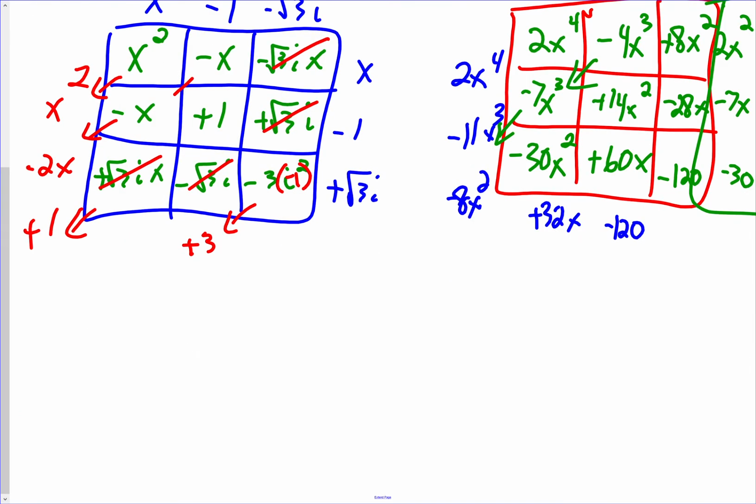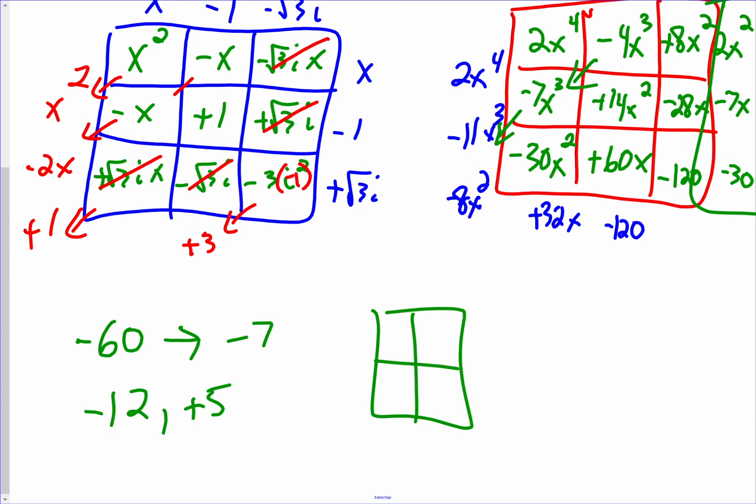Okay, so we're going to multiply negative 30 times 2 to get negative 60. And we're trying to figure out what are the factors of negative 60 that add up to be negative 7. And that's going to be negative 12 and positive 5. So again, using the area model and grouping, I have my 2x squared.